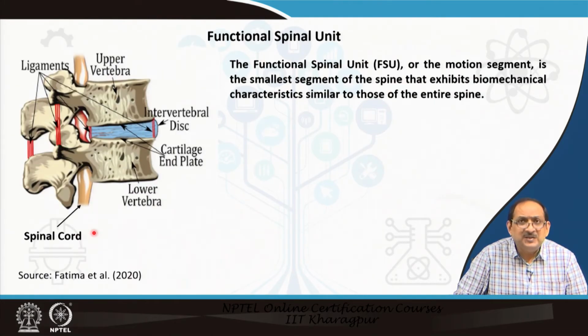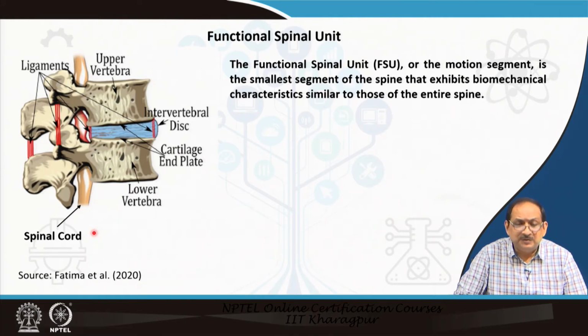Now, what is this functional spinal unit? This functional spinal unit, or FSU as we always call it, or the motion segment, is the smallest segment of the spine that exhibits biomechanical characteristics similar to those of the entire spine.